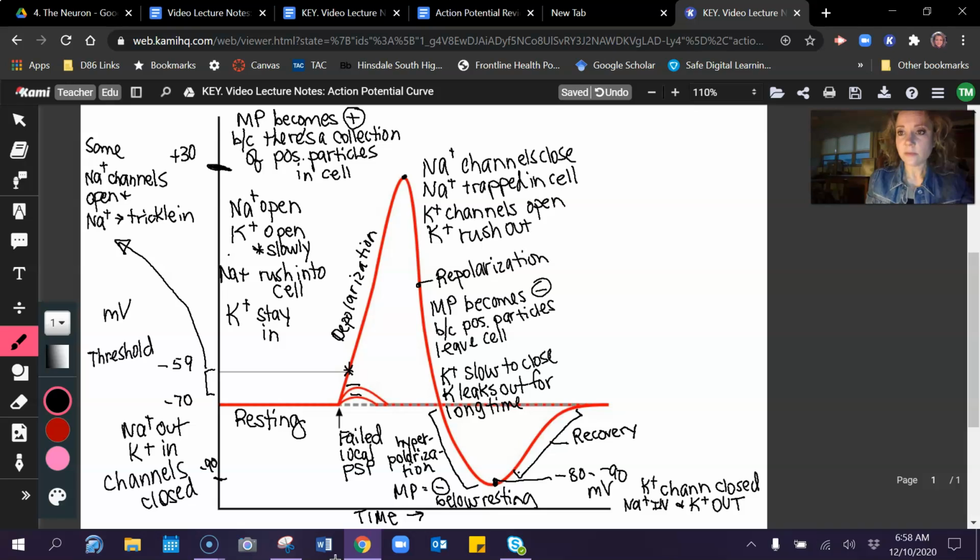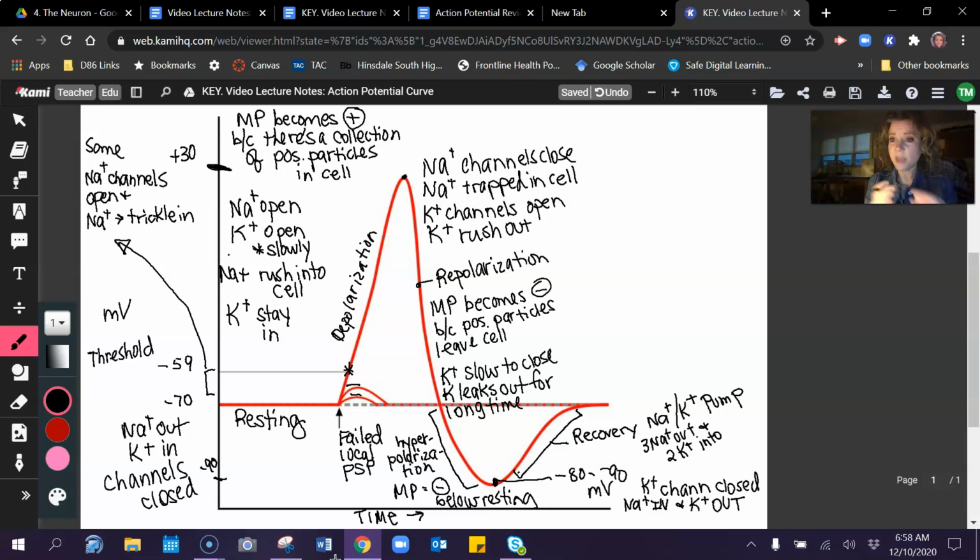During our recovery phase, our sodium potassium pump is going to use ATP in order to push 3 sodiums out of the cell and pull 2 potassiums into the cell.